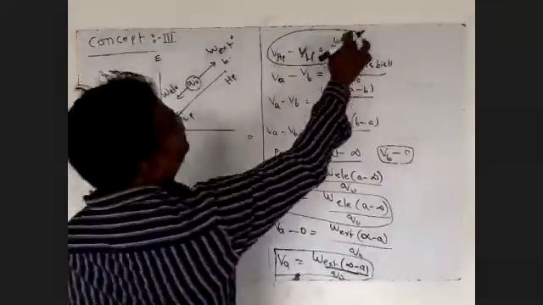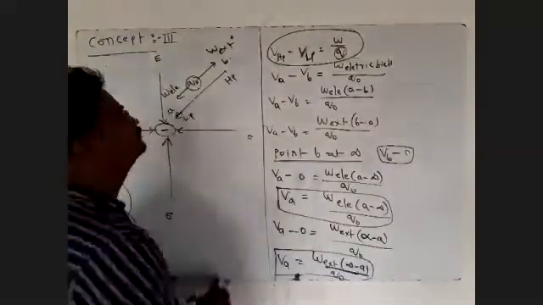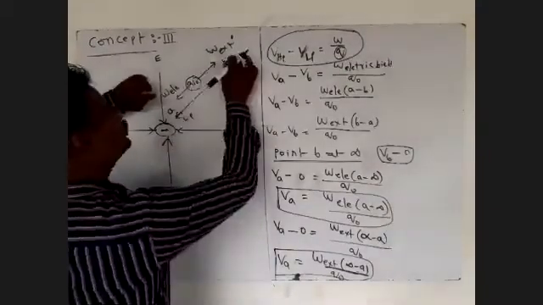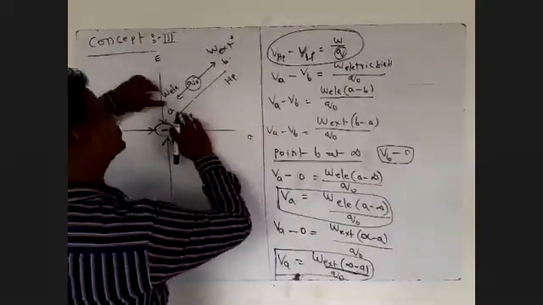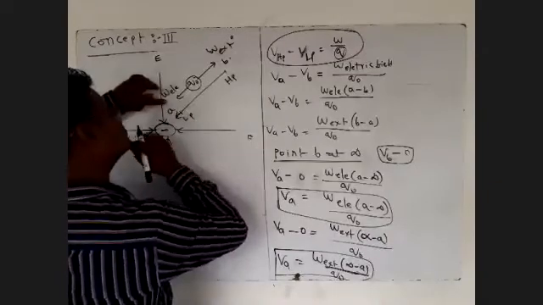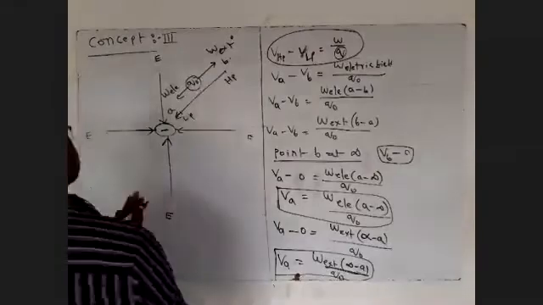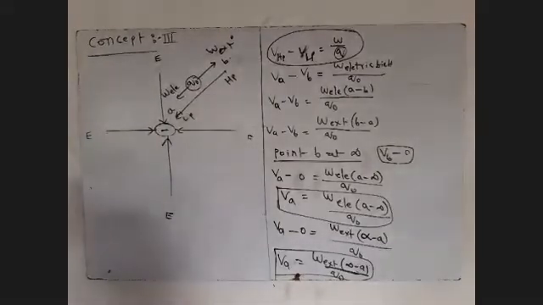High potential minus low potential equals W by Q. This charge is moved from low potential to high potential. This is low potential, this is high potential. This is a negative charge. The direction of the electric field is towards this direction.